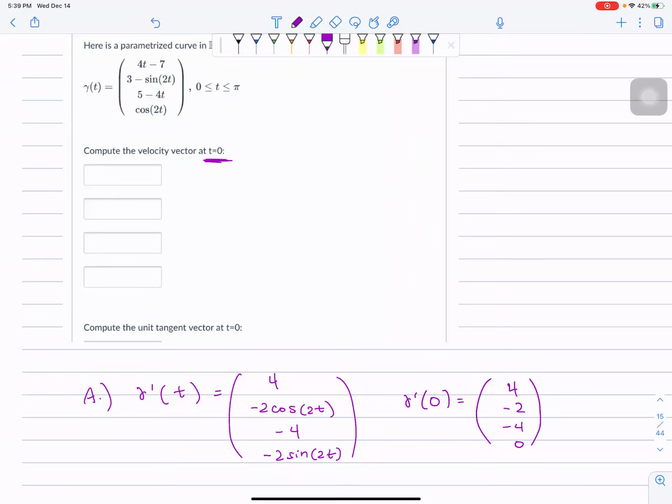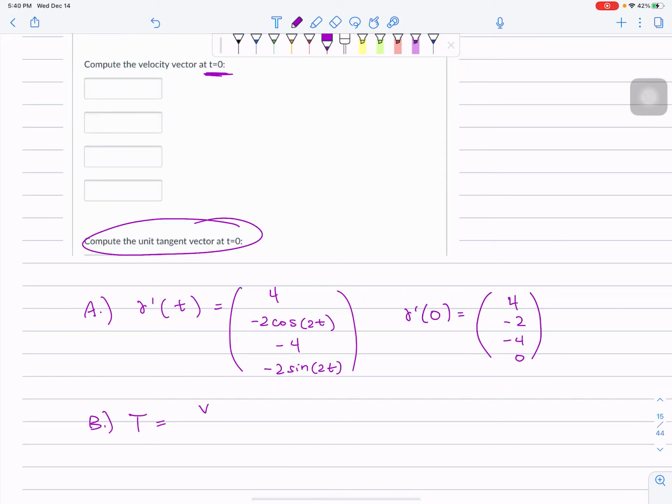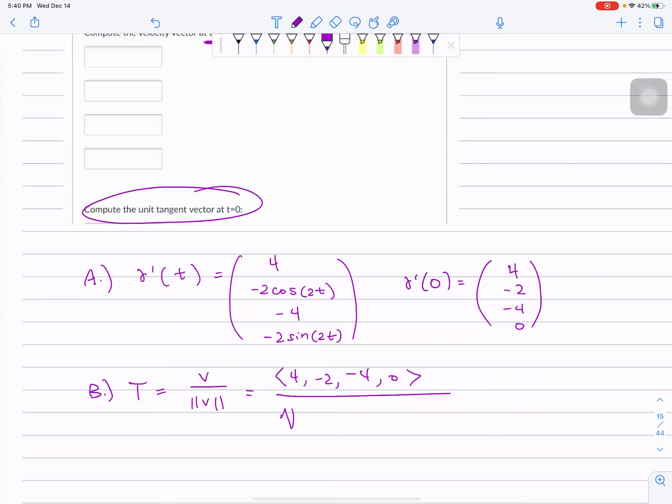Now, if you're asked to compute the unit tangent at t equals 0, what is T? T is always the velocity over the length of the velocity. So we have our velocity vector, which is 4, negative 2, negative 4, 0, divided by the length. The length is always the square root of each of the components squared.